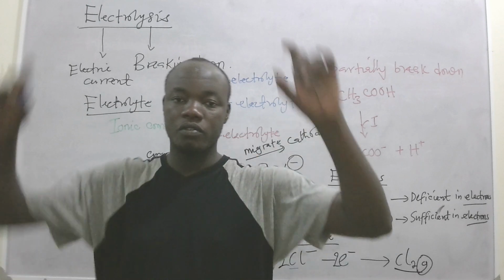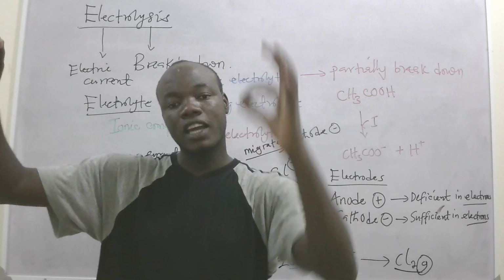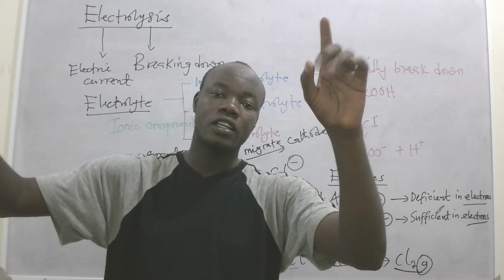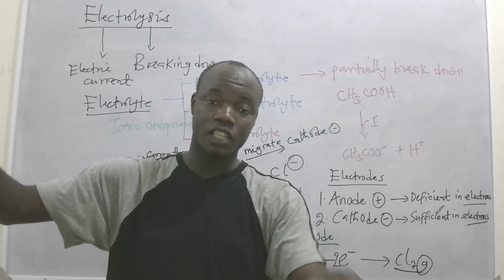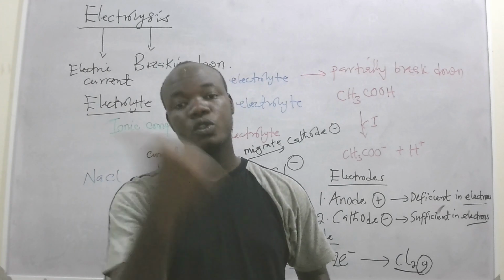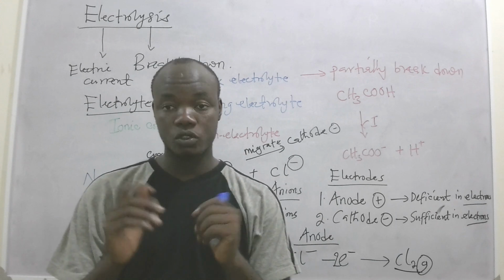That is where you have the two electrodes, the cathode and the anode. The cations will migrate toward the cathode, and the anions will migrate toward the anode. Now let's look at the structure of the electrolytic cell.